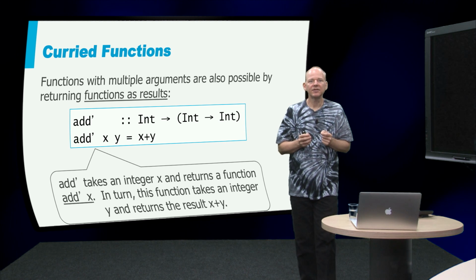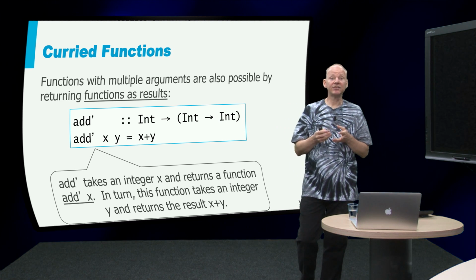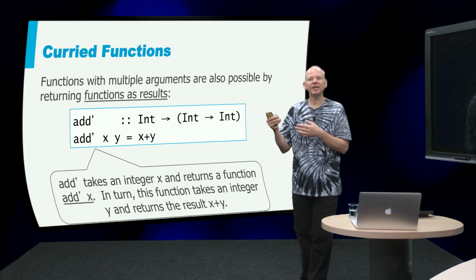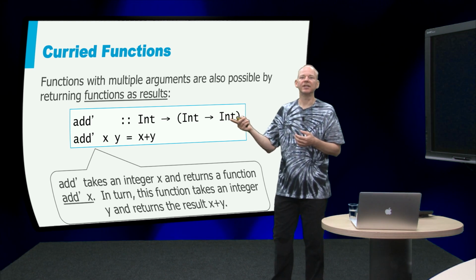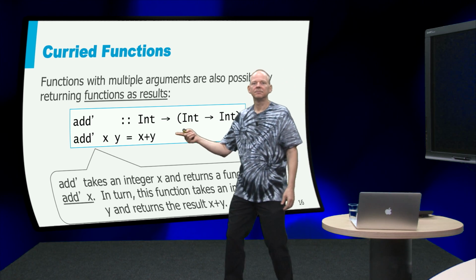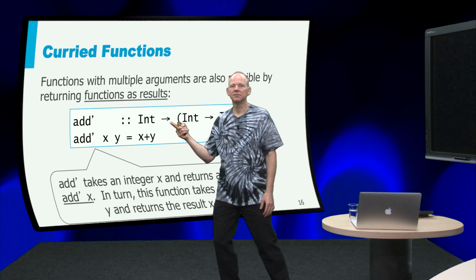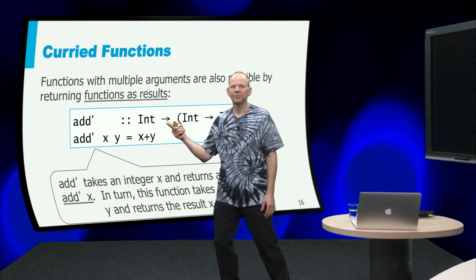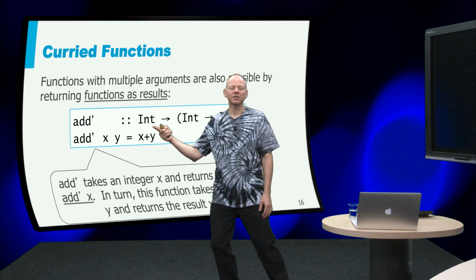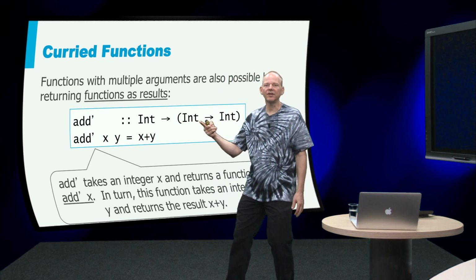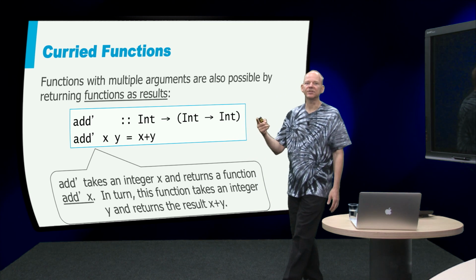We define add as a function that takes an integer and returns a function that takes another integer and returns an integer. So look at this type here. So add is a function, here, we see that from this arrow, that takes an integer and returns a function that takes another integer and returns an integer.